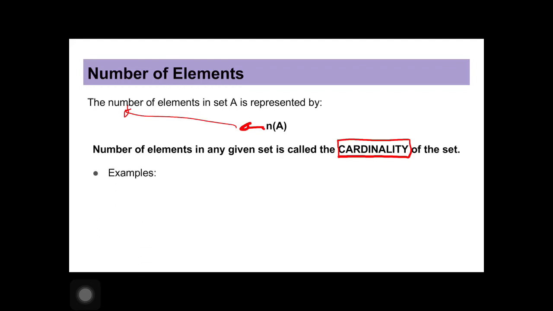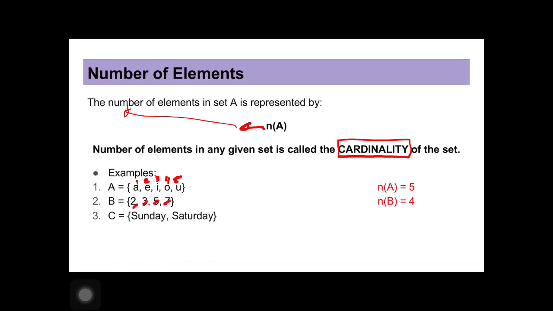Example, we have A is equal to A, E, I, O, U. So the cardinality of A is equal to 5. Why 5? Because we have 1, 2, 3, 4, and 5 letters. Number 2, B is equal to 2, 3, 5, 7. So n of B is 4.